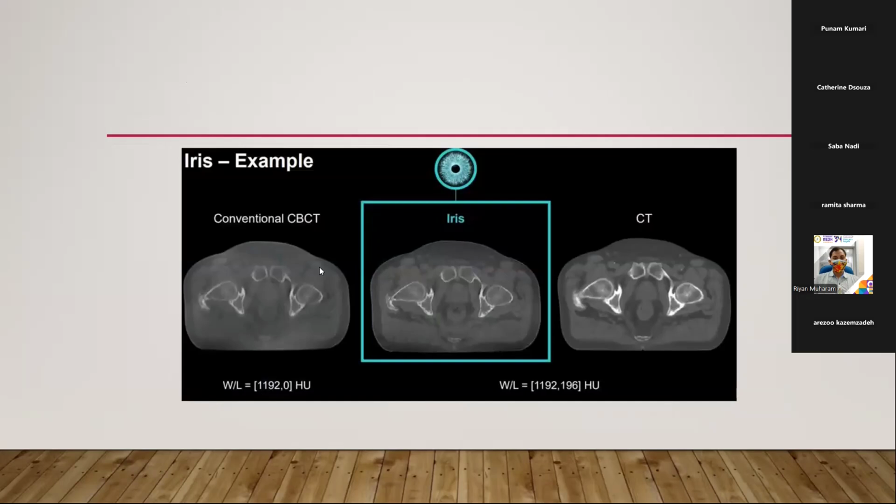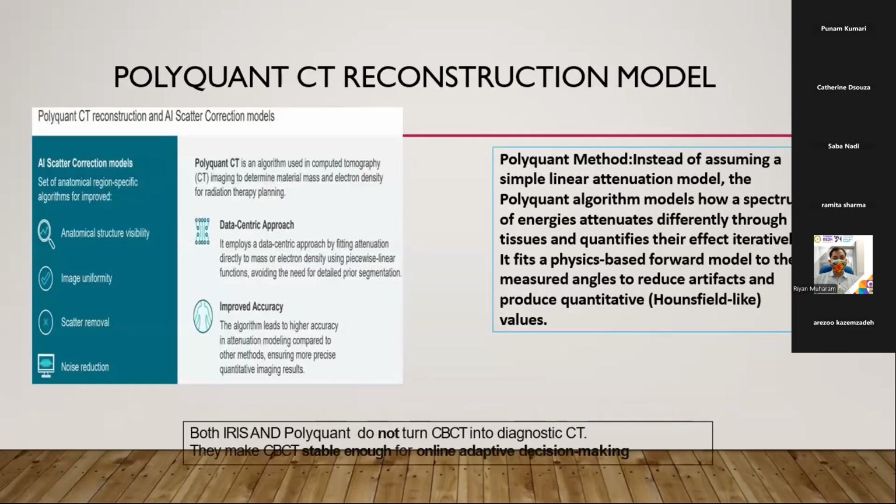We will see an example. This is the conventional CBCT, and this is the CBCT taken with the help of the Iris software. You can see the quality difference. It is far better.